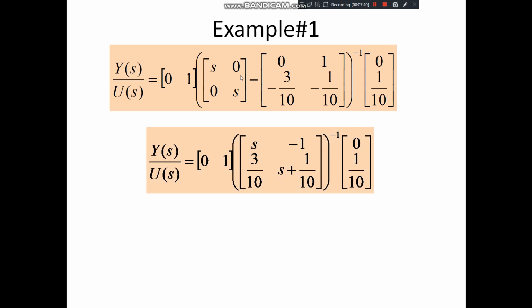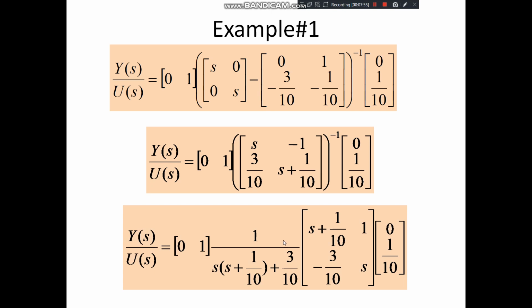First we'll simplify for the inverse of the matrix, and then we'll go for the multiplication. The inverse of the matrix [s, −1; 3/10, s + 1/10] is nothing but the adjoint of the matrix divided by its determinant, which is represented here.